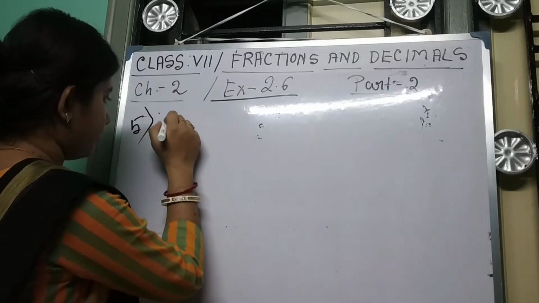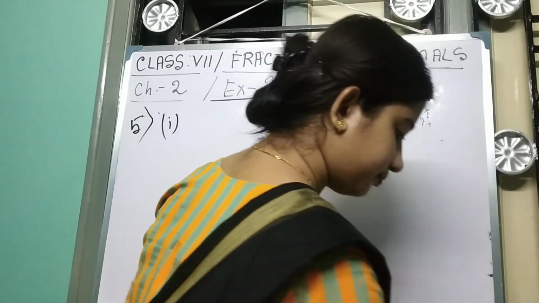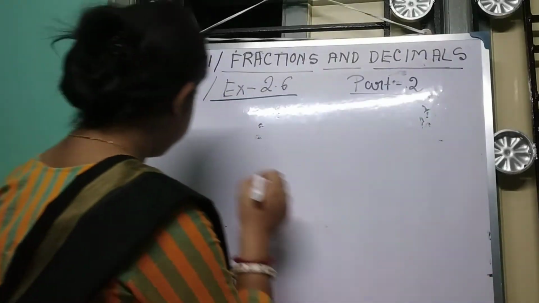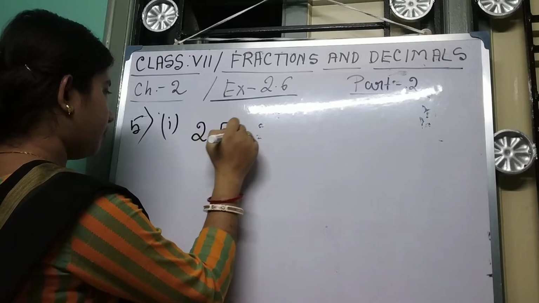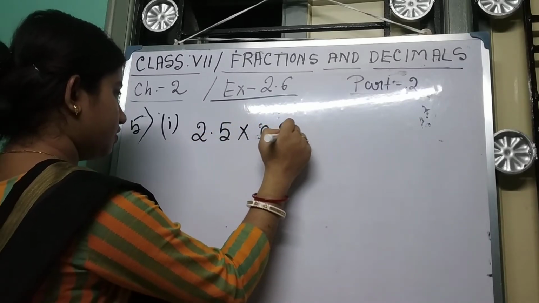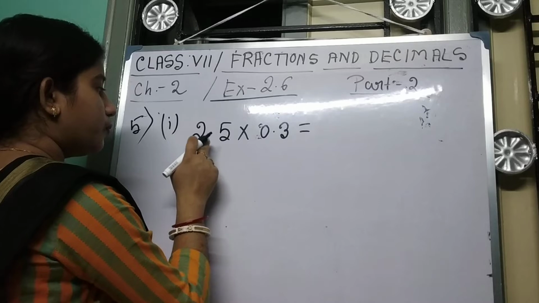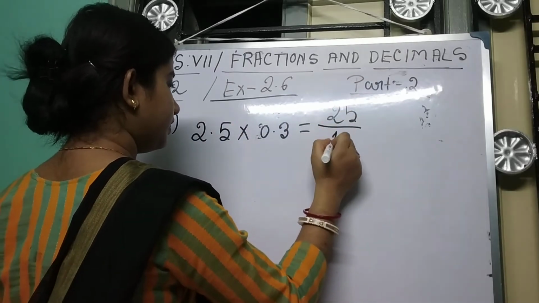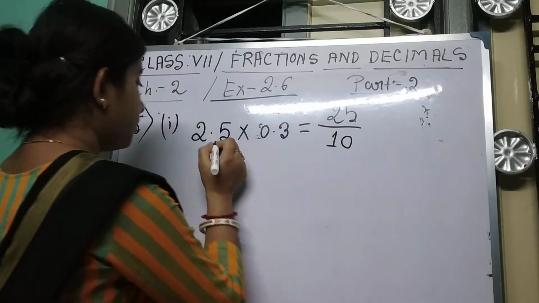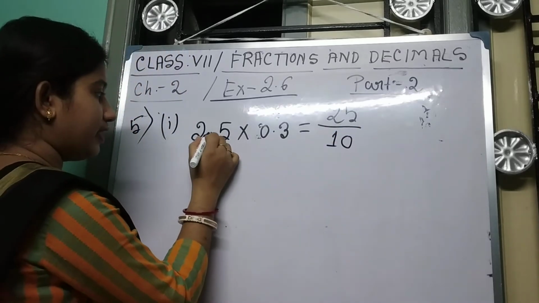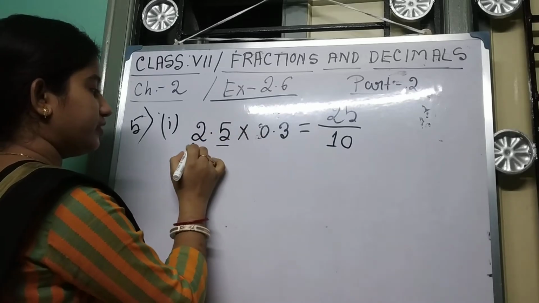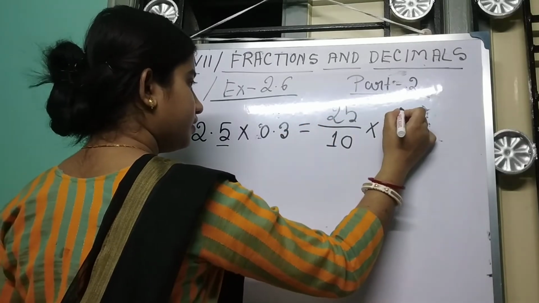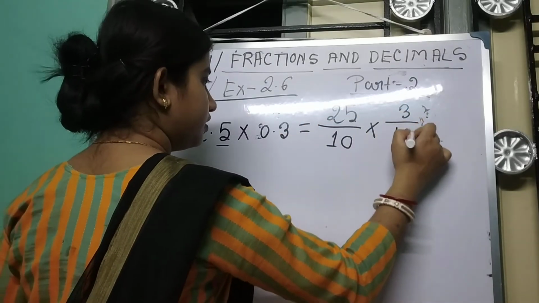At first number 1, here given 2.5 into 0.3. 2.5 is equal to 25 by 10, because there is one number after the decimal point. And 0.3 is the same, 3 by 10.